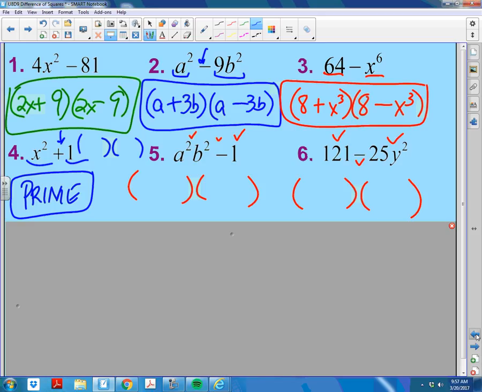Mamie, what did you get for 5? AB plus 1 and? Very good. AB plus 1, AB minus 1. By the way, could she have said AB minus 1, AB plus 1? Absolutely. What are these things called?